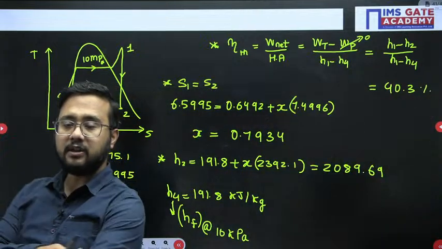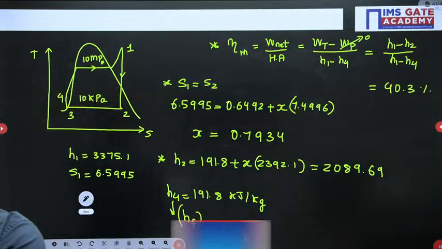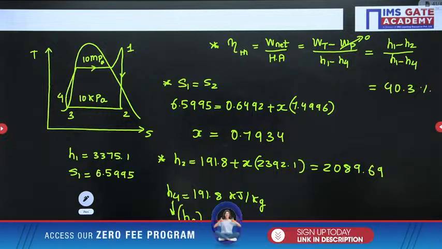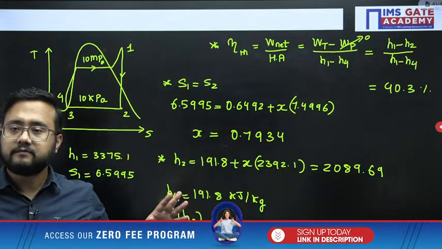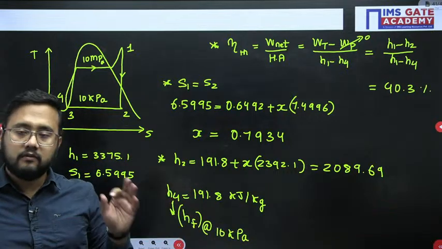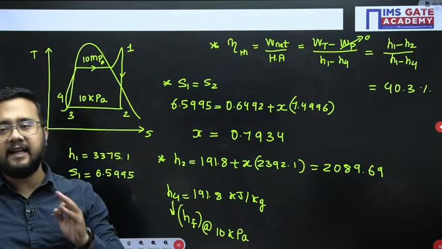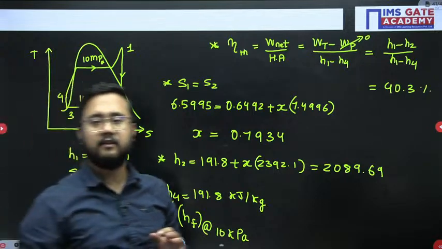Correct? Yes, absolutely, Aditya, your answer is correct. Superb. Great. You have solved all the values correctly here. Very good. So that's how we have to maintain this level of accuracy.